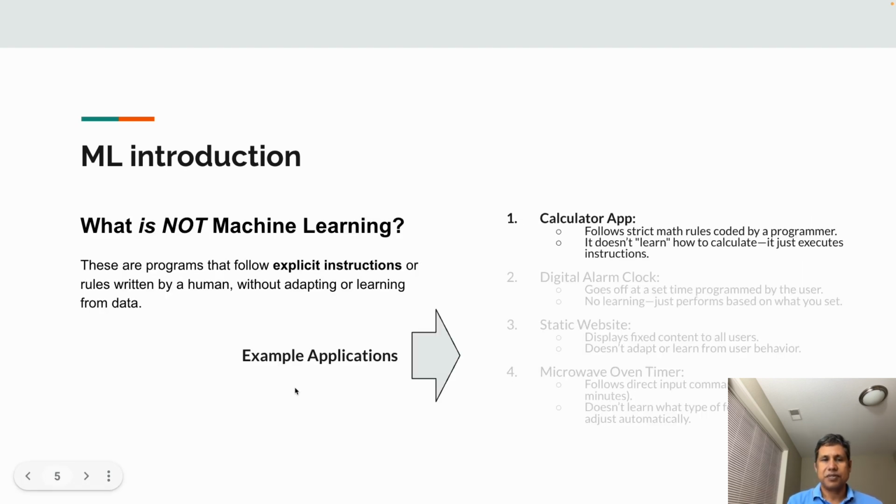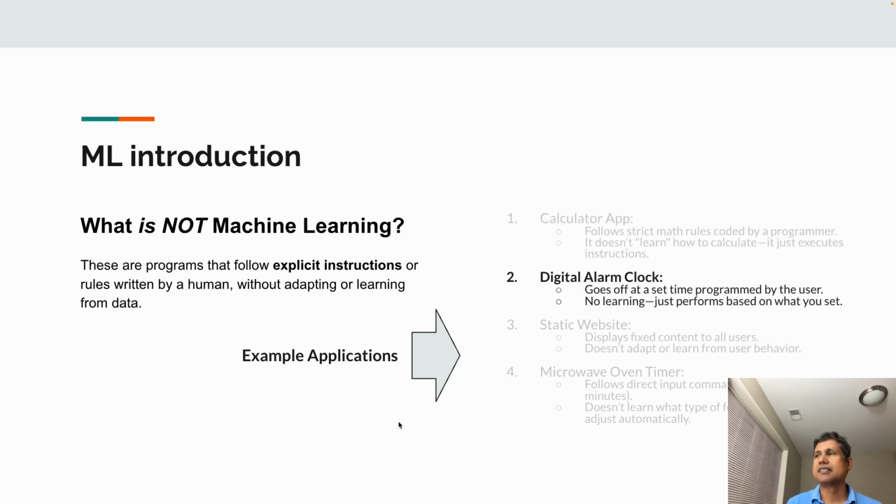So let's first look at some examples which are not machine learning. One popular example is the calculator app that we all use. So we want to do some addition, okay? So x plus y. So these are strict mathematical rules. So we don't have anything to learn rather than just follow certain instructions.